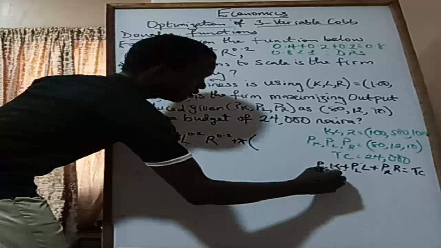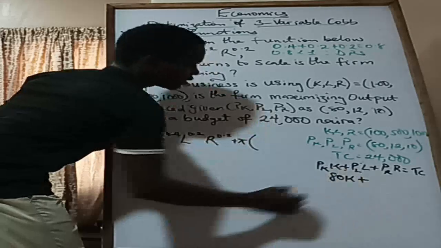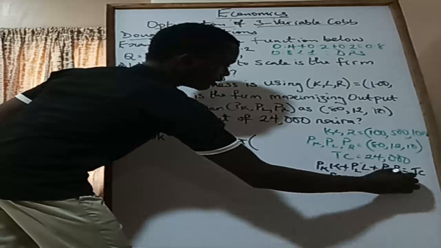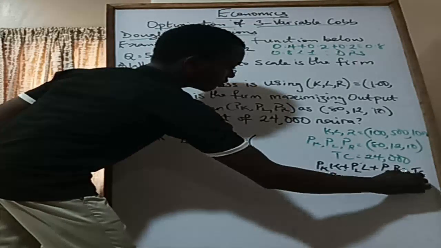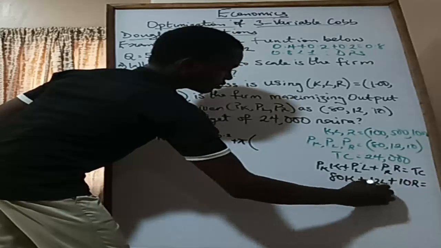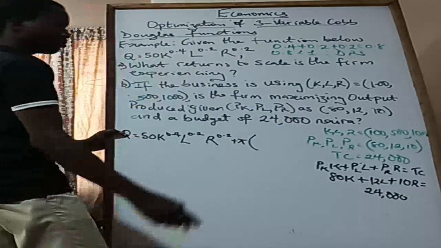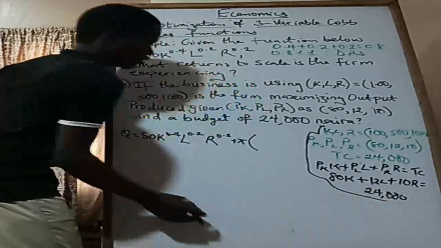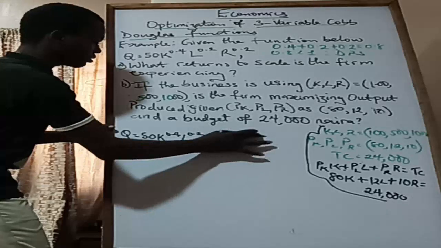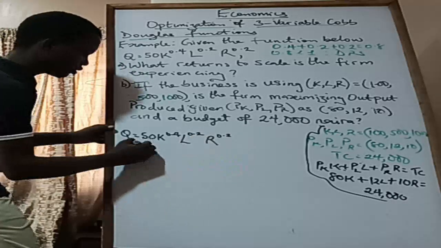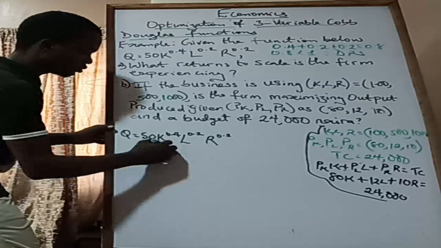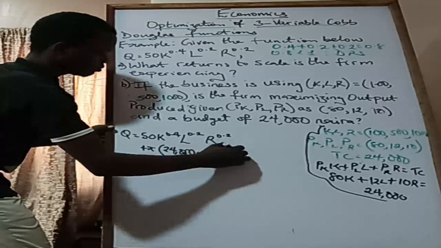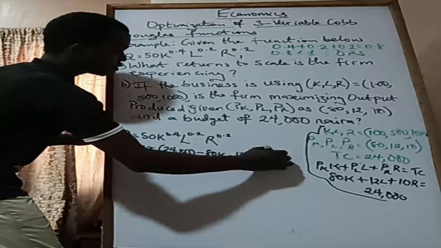So 80K plus 12L plus 10R equals 24,000. Just the normal way we should work this out. Let me put my lambda here to contain it. So this is plus lambda into bracket, 24,000 minus 80K minus 12L minus 10R.